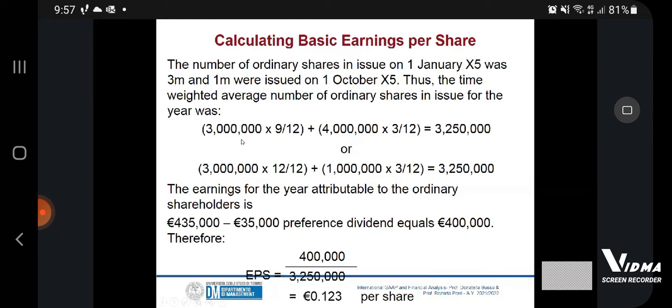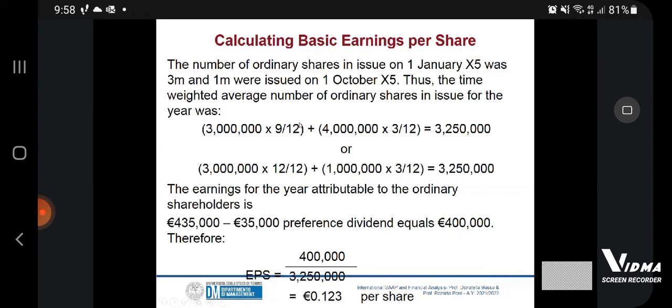That is from 1st of January until the end of September or the beginning of October, it is the same thing. For 9 months of the year, we are having 3 million shares in issue, right? So this 3 million is going to be weighted with the time factor, which represents the number of days or number of months. It's the same thing. In this case, it is 9 months divided by 12 months over here.